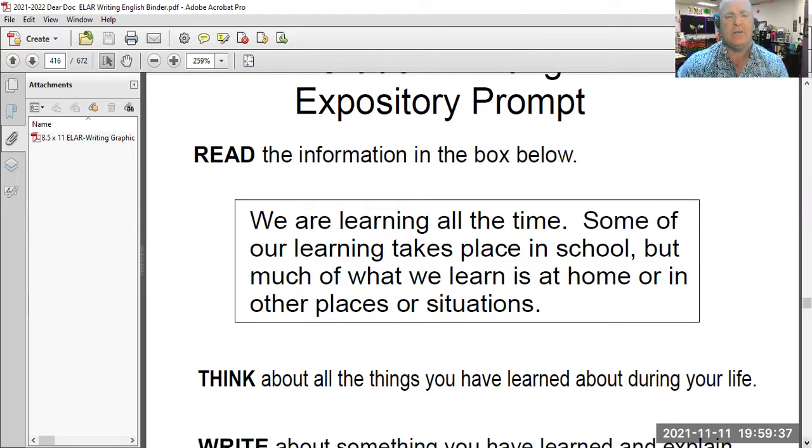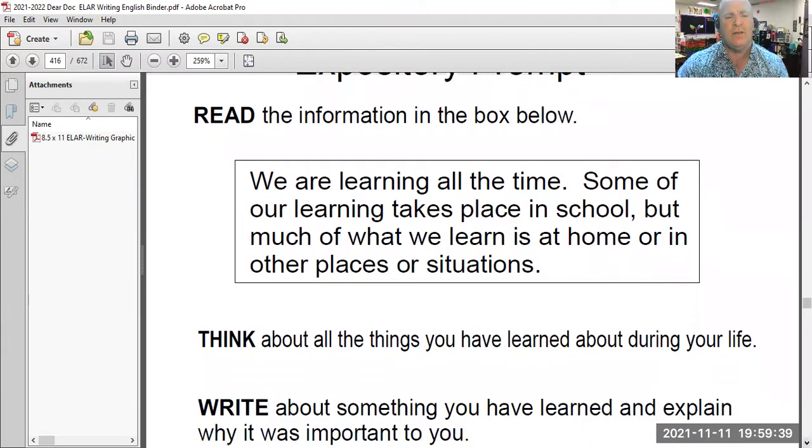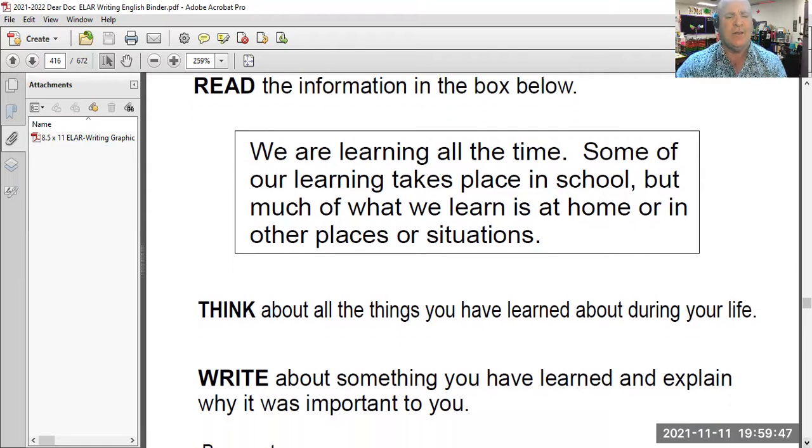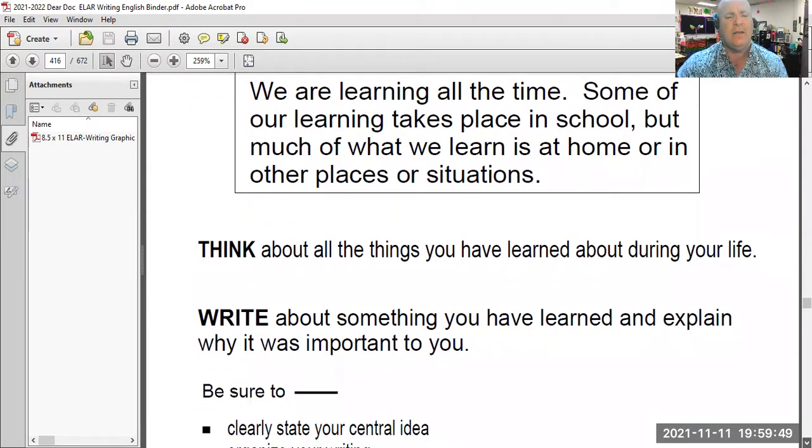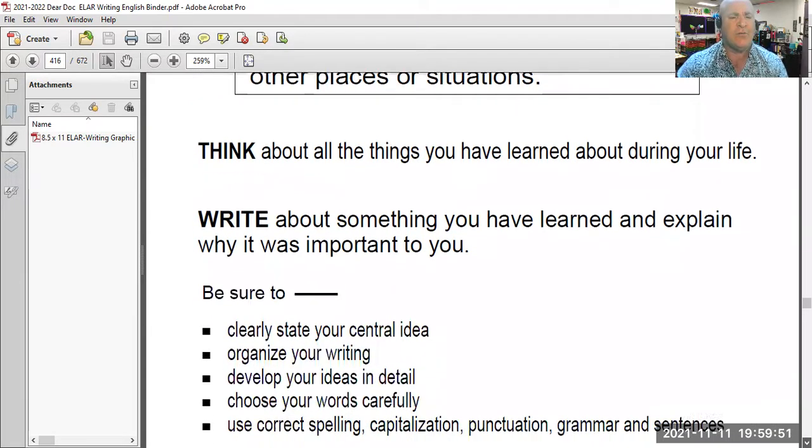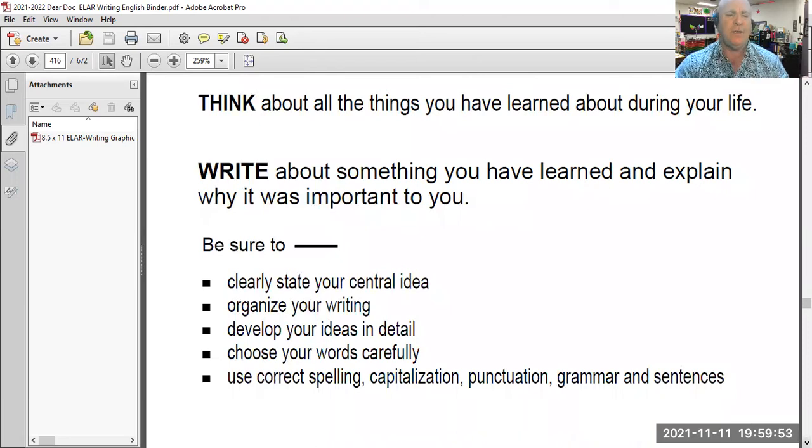Now in Texas, just so you guys outside of Texas can see, even though you don't have this, what they do is prep the students with a read section and a think section, and then they have the kids look at section 3 to look at the topic, and they have 5 bullets. It's basically a student checklist.